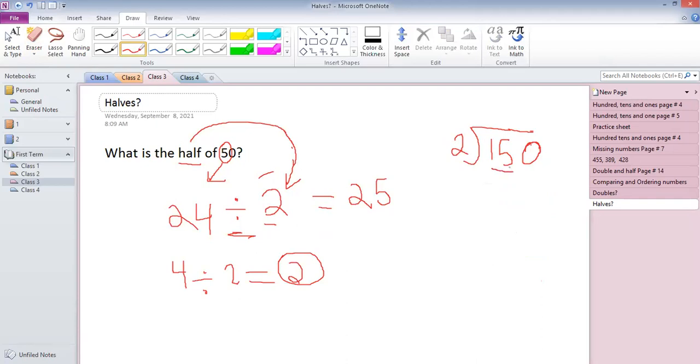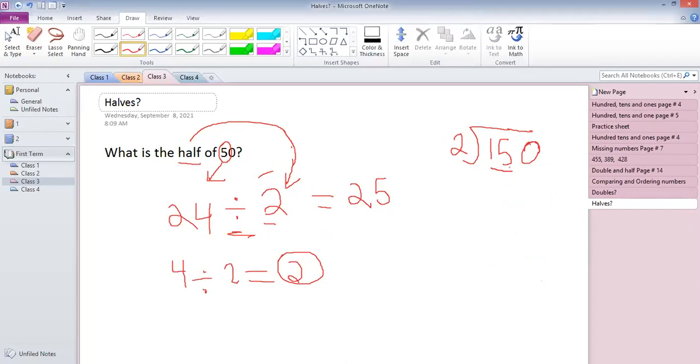Is there 15 in the 2 table? Now we will check. 2 ones are 2, 2 twos are 4, 2 threes are 6, 2 fours are 8, 2 fives are 10, 2 sixes are 12, 2 sevens are 14, and 2 eights are 16. So 16 is bigger than 15. We cannot go with 16. So we have to move to the number which is less than or equal to 15. So 2 multiplied by 7 will give us 14.